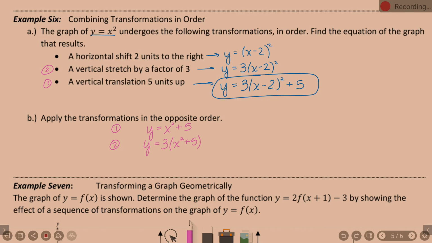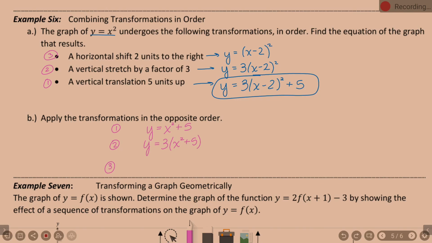Okay. And then the final piece. A horizontal shift to the right. 2 to the right. Are we doing parentheses inside of parentheses? Yeah, you'll have 2 sets of parentheses in this one.